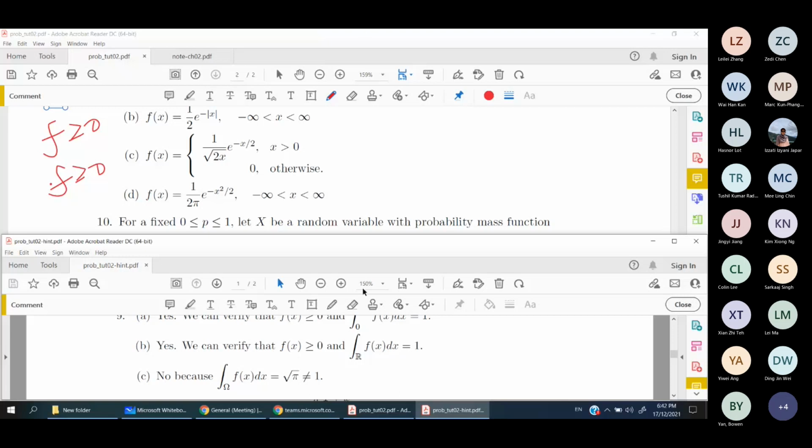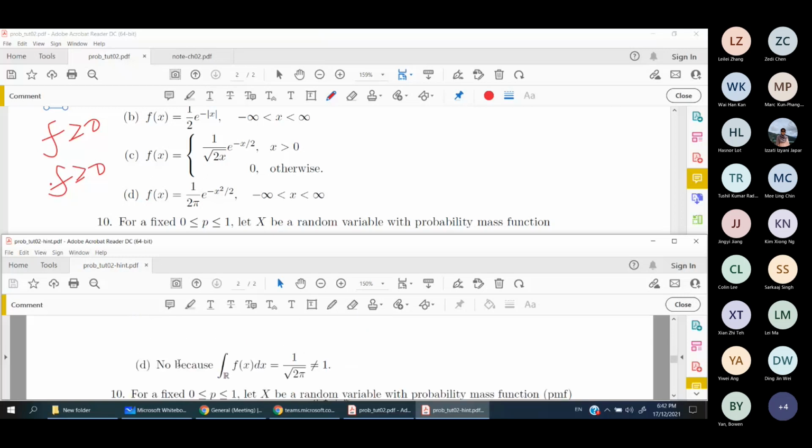Most importantly, if we integrate this function from negative infinity to positive infinity and the value is not 1, then it is not a PDF. And part D actually looks like the density function for the standard normal distribution, except there is supposed to be a square root of 2 over here, so the value is not 1. So this is not a density function.